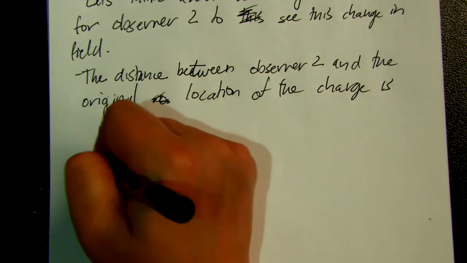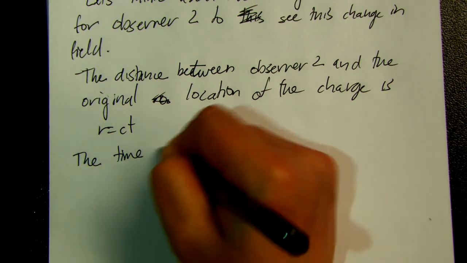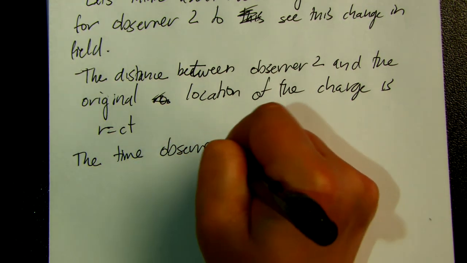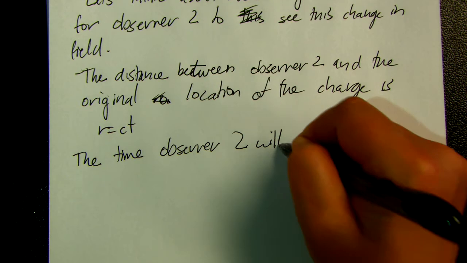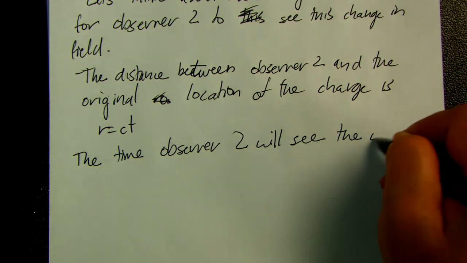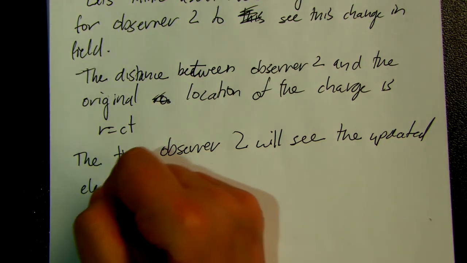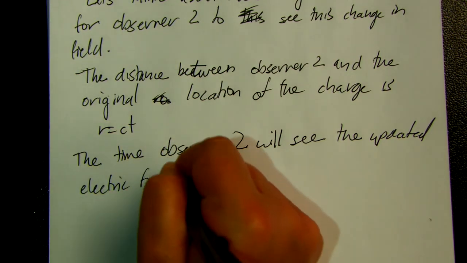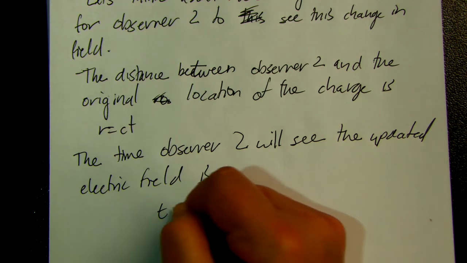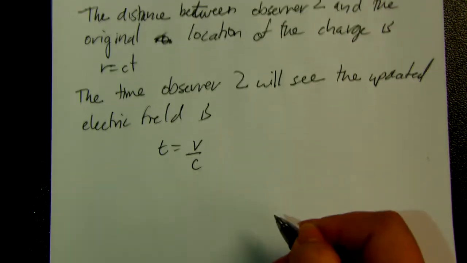The time observer 2 will see the updated electric field is T is equal to R over C.